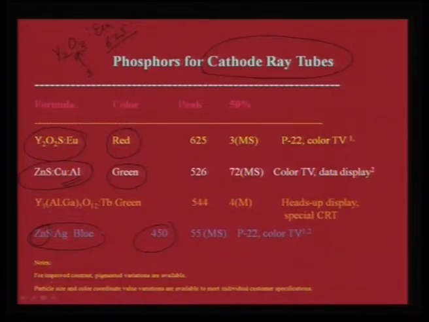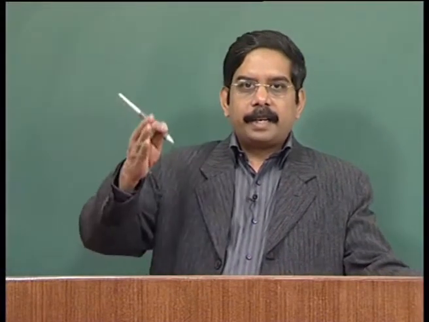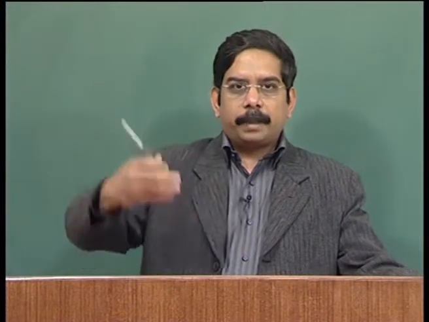So, for improved contrast we have pigmented variations that are available. I will come to this in one of the slides, and then particle size and color coordinate variations are available to meet individual customer specification. As I told you in one of the earlier slides, I talked about the strands of red, green and blue phosphors which are coated on the front panel.